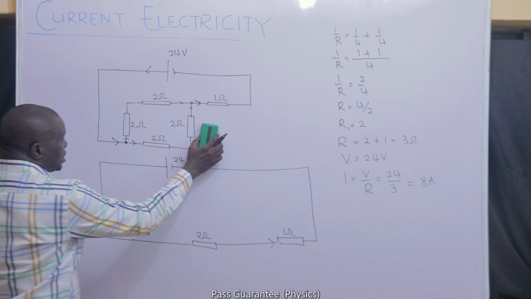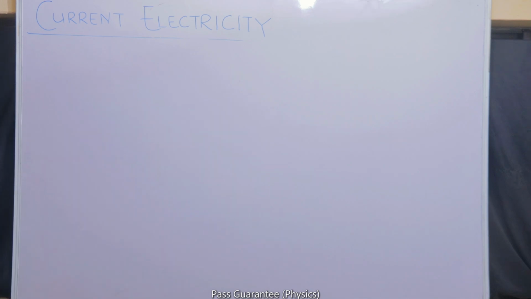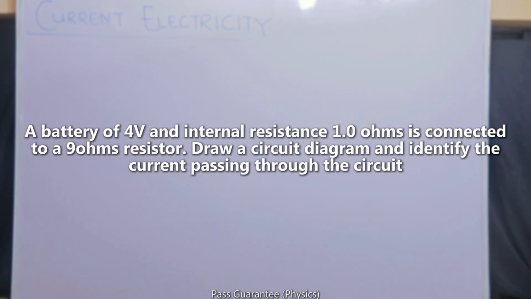We'll take more examples. This time we are going to take a word problem. The question says that a battery of EMF 4 volts and internal resistance 1.0 ohm is connected to a 9 ohm resistor. We are asked to draw a circuit diagram and calculate the current that flows in the circuit.